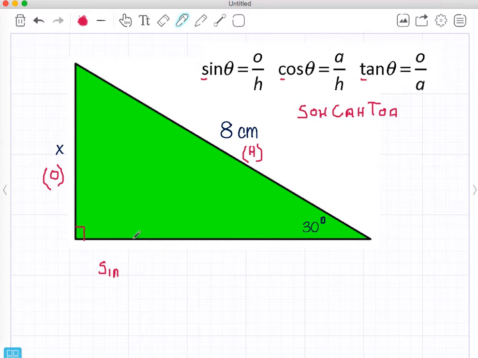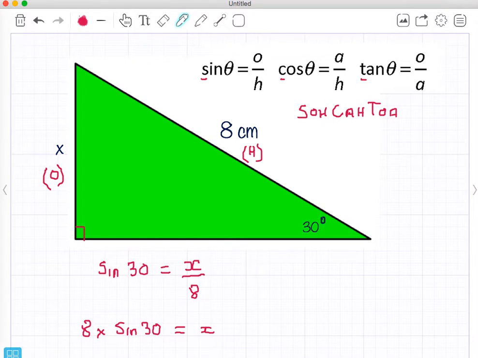So we have sine, theta is the angle, which is 30, and that equals opposite, which is x, divided by 8. Going to do a little bit of algebra here, so this is going to multiply both sides by 8, so it's 8 times sine 30 equals x.